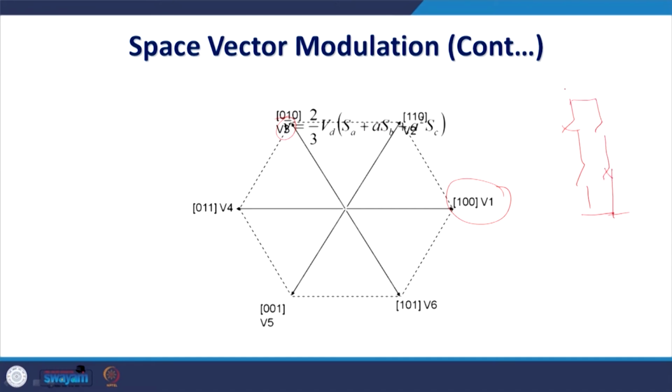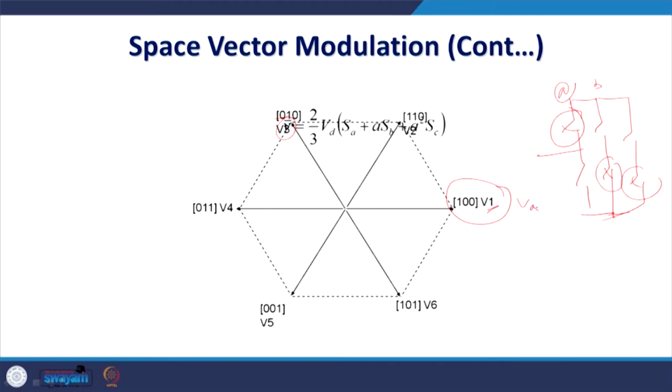Let us say this is A, this is B and this is C. Only the upper leg of A is closed, and these 2 lower legs are closed. So, ultimately the voltage will be VA, and we will say that it is 100, or it is VA.